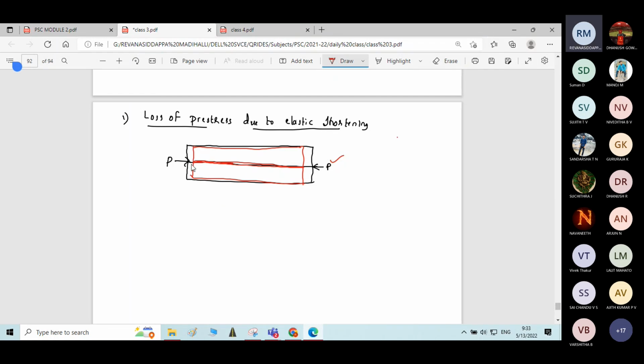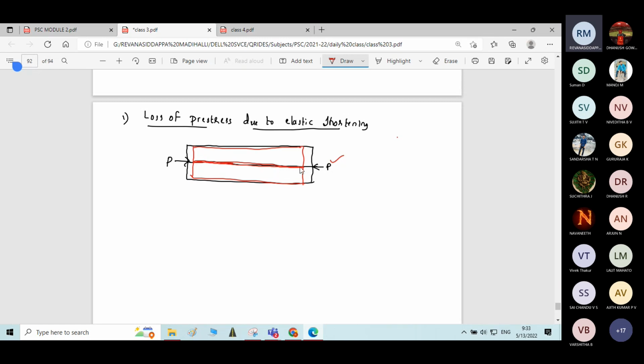When the tendons are suddenly cut, after the concrete has hardened for a long period of time, the pre-stresses are suddenly transferred into the concrete. During the transfer of the pre-stresses, there will be a slight reduction in the dimension or length of the concrete member, which will in turn reduce the length of the tendon.